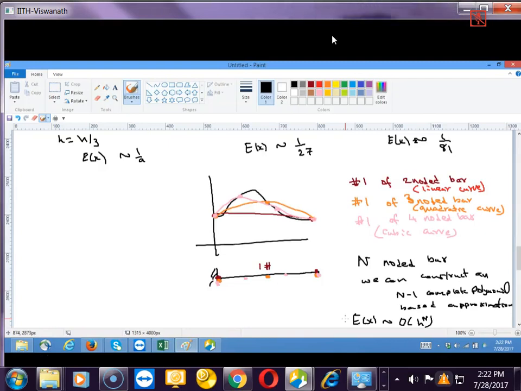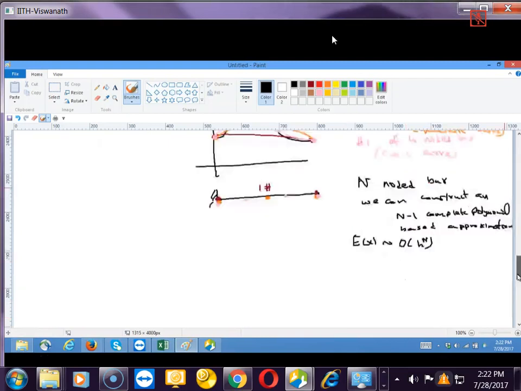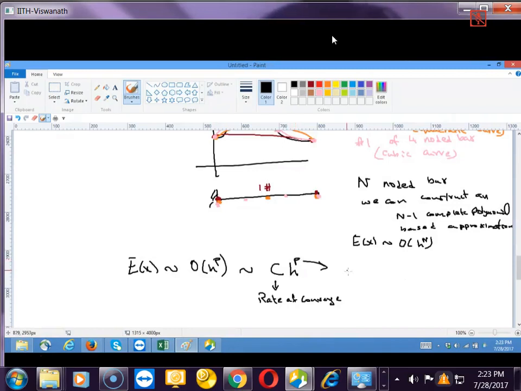As I described in the previous class, e of x should vary as order of h to the power of p, which is nothing but some constant times h to the power of p. This is called your rate of convergence, and this is your degree of order or degree of convergence.